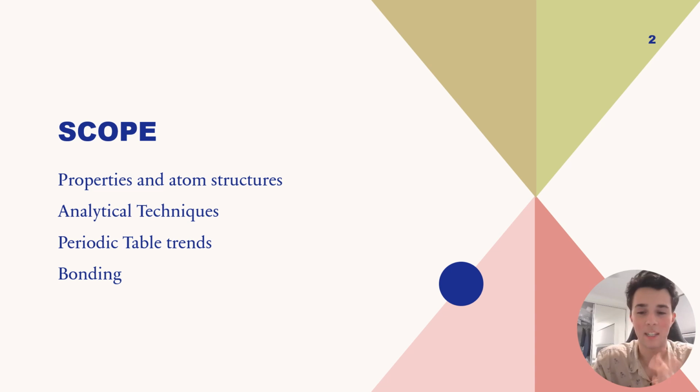Analytical techniques include mass spectroscopy, flame testing, and so on. Periodic table trends will be atomic radii, ionic radii, electronegativity, first ionization energy, and so on.